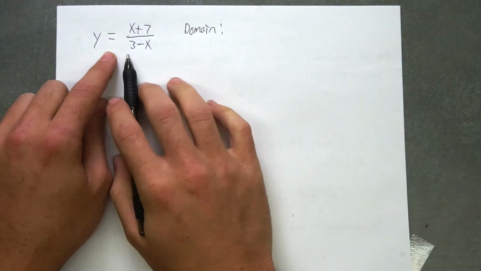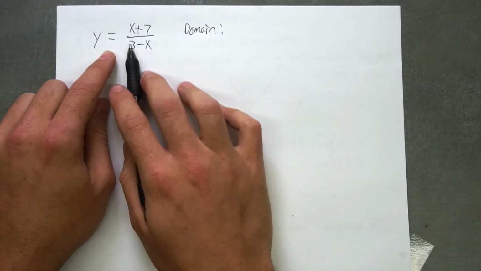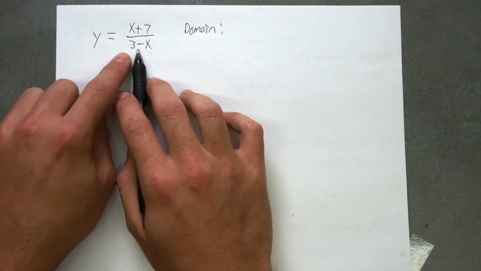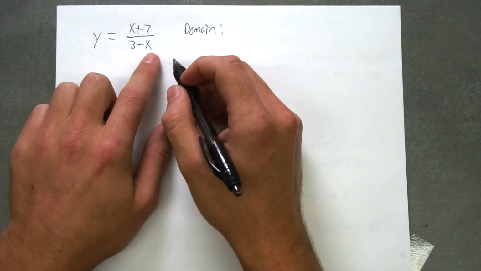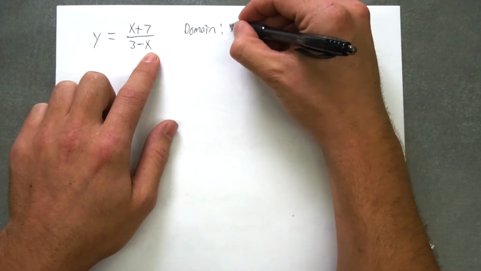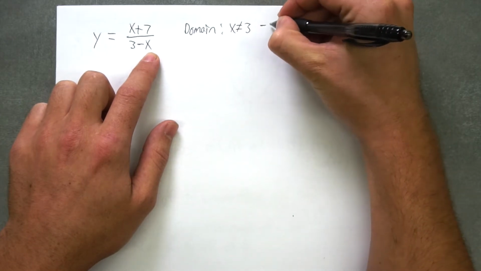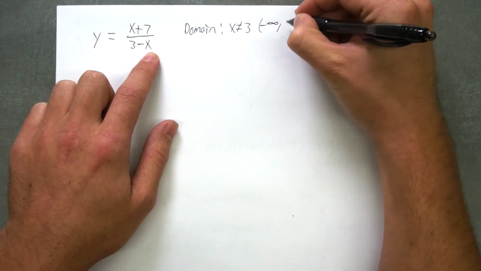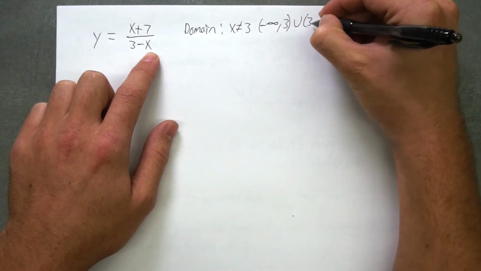We know that the denominator cannot equal 0. If we set the denominator equal to 0, we find that x is going to be 3, therefore x cannot be 3.